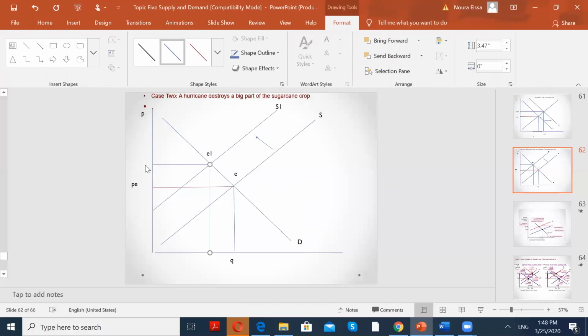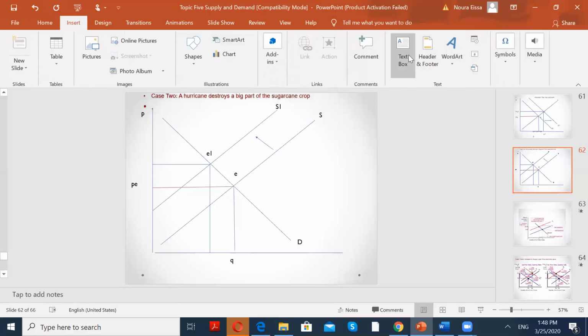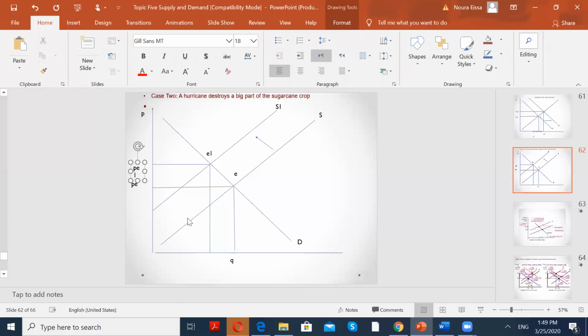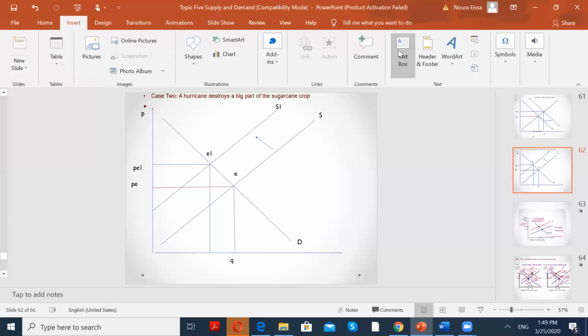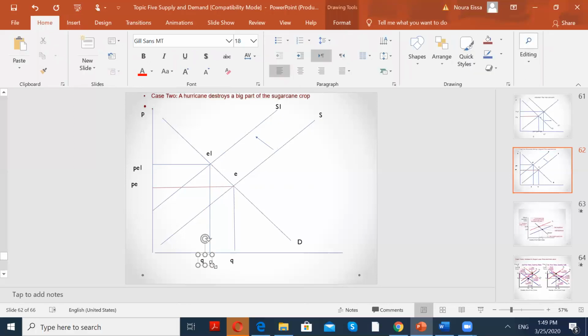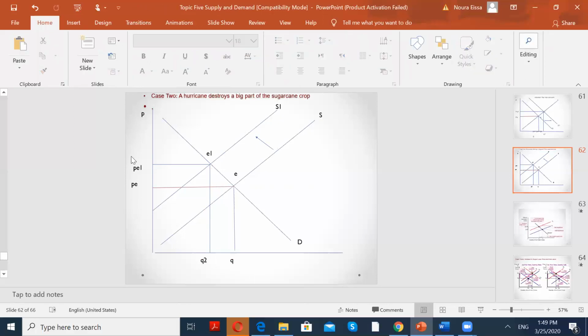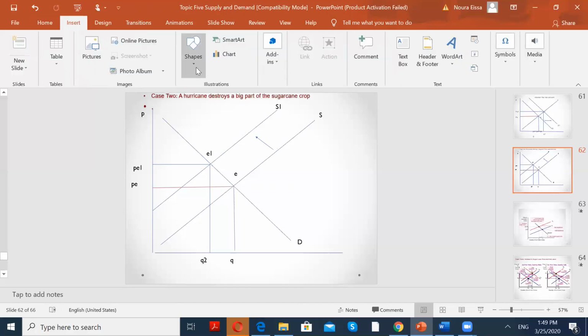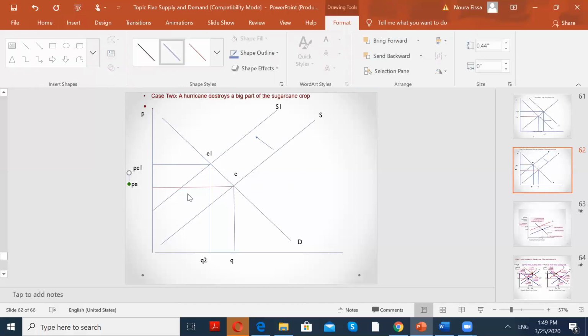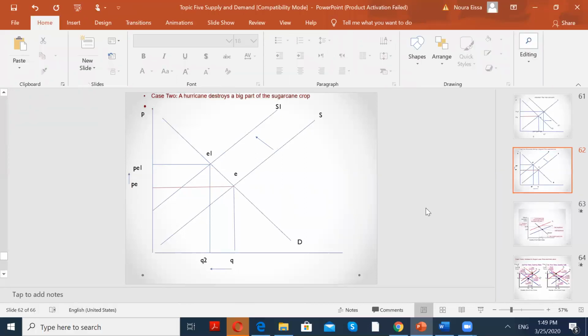Okay, I need to label these, so this is PE1 and this is Q2. What happened to your price? Your prices have increased, and here your quantity has decreased. You have to show this as well. This is a complete answer. Okay?